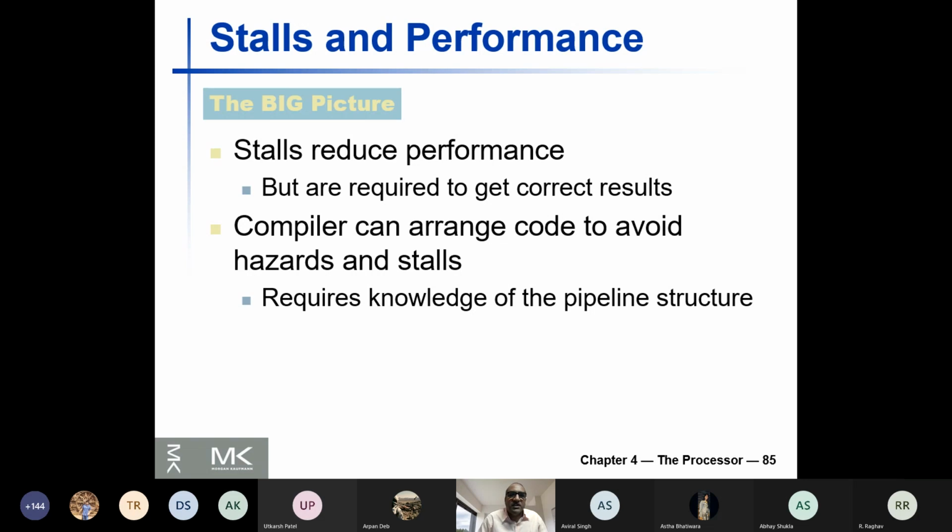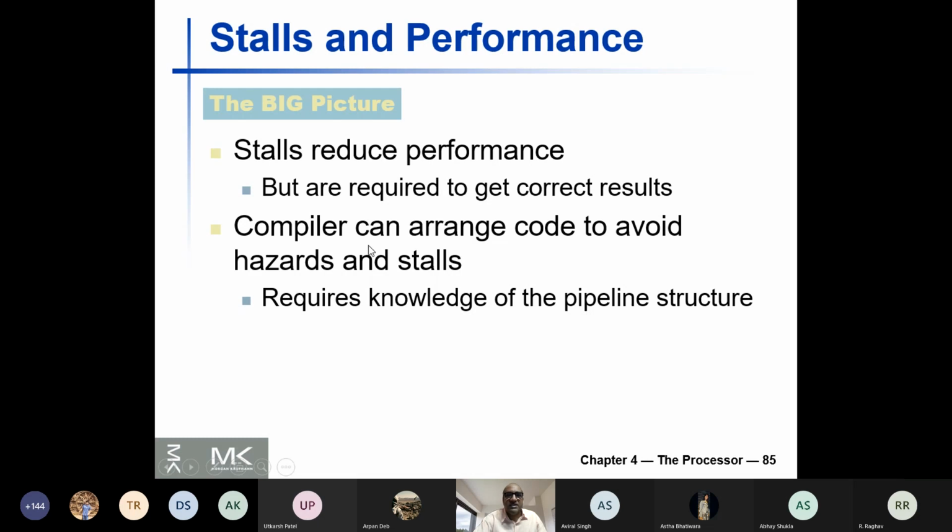But if a stall is introduced, one additional time slot is incurred for the preceding instructions. But we need to stall to get correct results. Otherwise, if you don't stall, you will get erroneous results. So to perform the correct operation, we need to introduce stalls compulsorily at certain places.